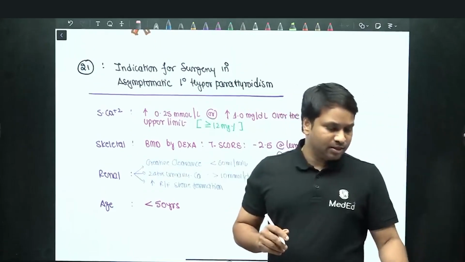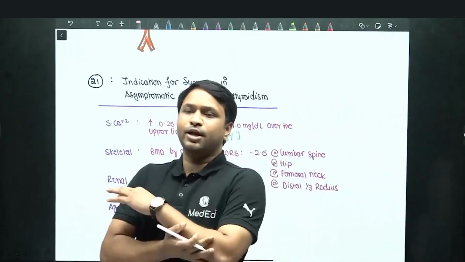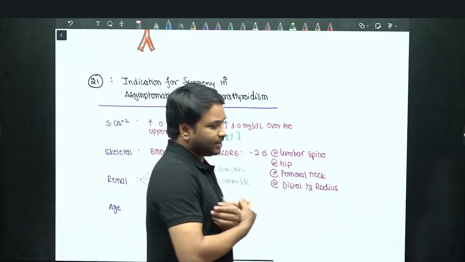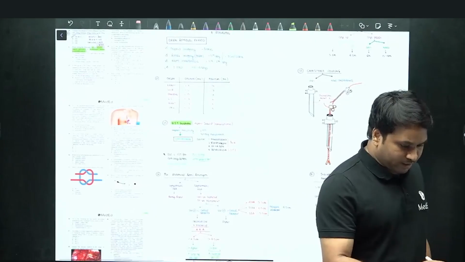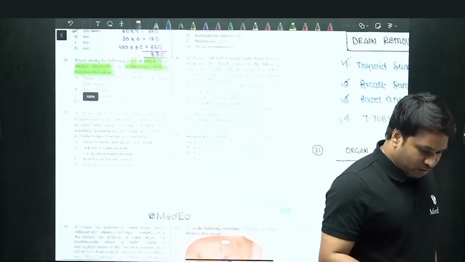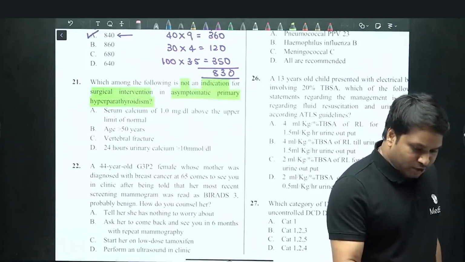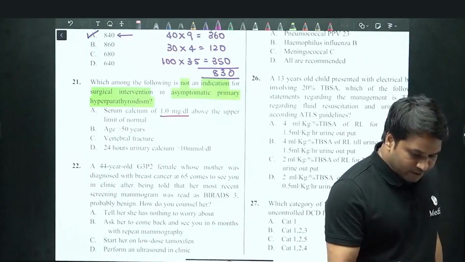If these are present, these are the indications for surgery in a patient who is having an asymptomatic presentation of primary hyperparathyroidism.